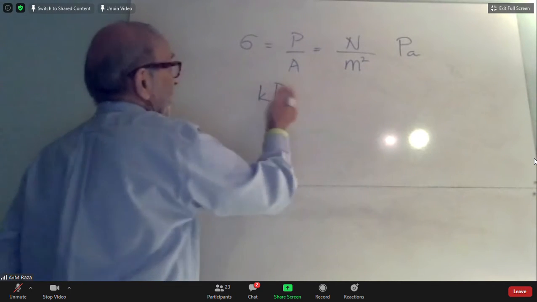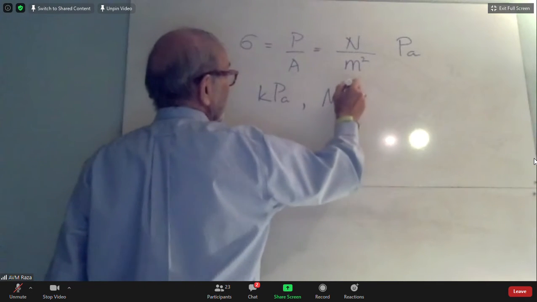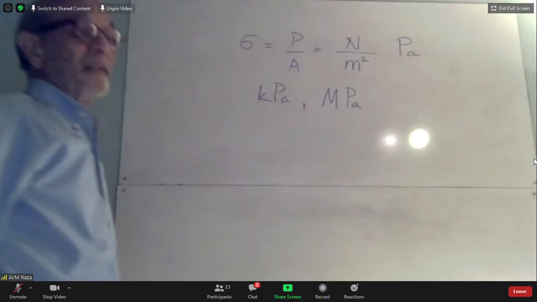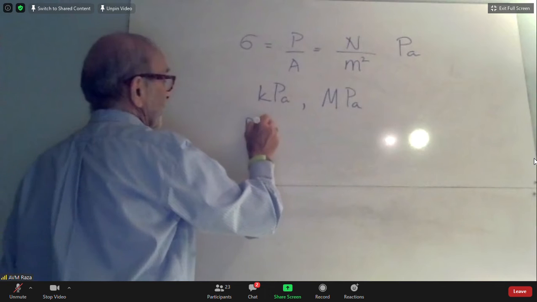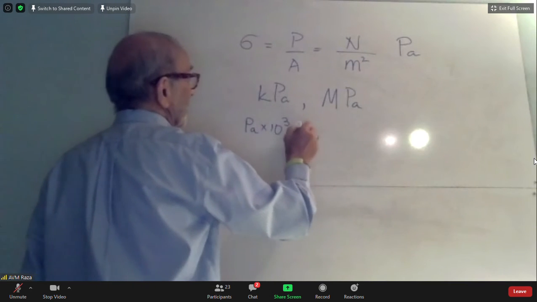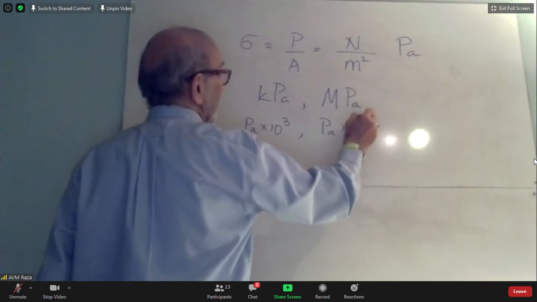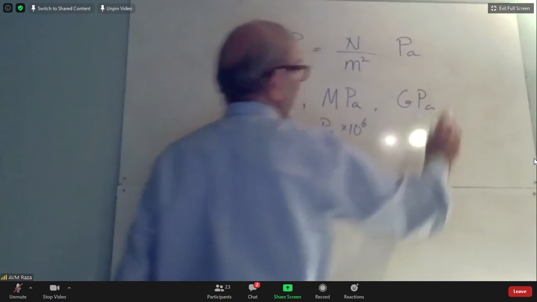which is pascals times 10 to the 3, or megapascals, which is MPa, pascals times 10 to the 6. And likewise, gigapascal, which is 10 to the 9th pascals.